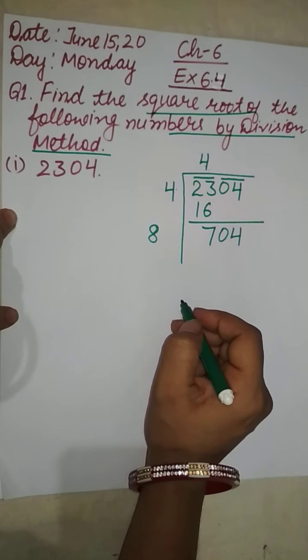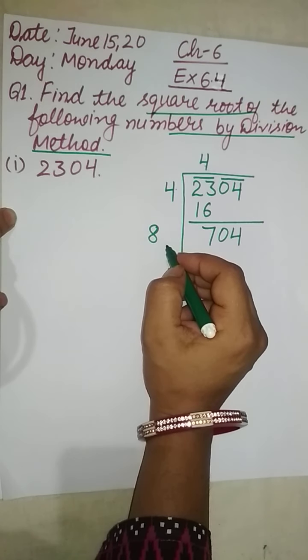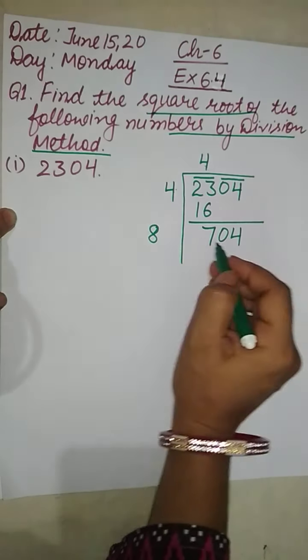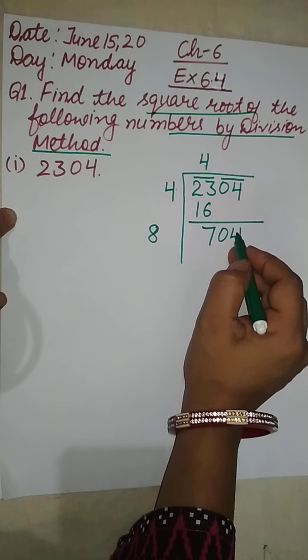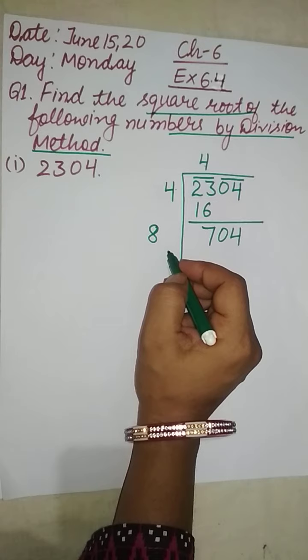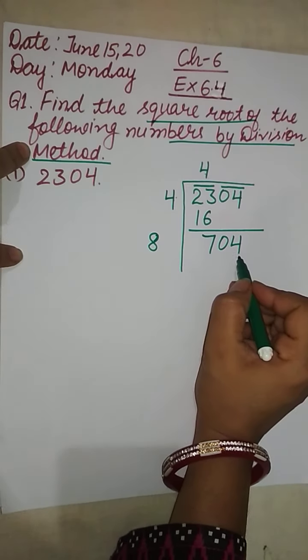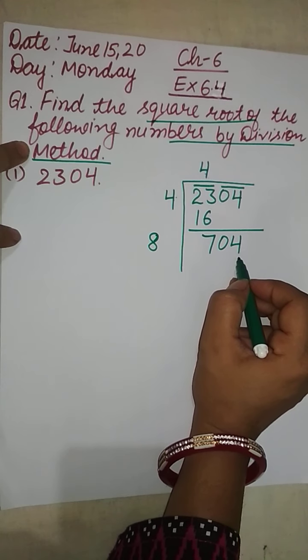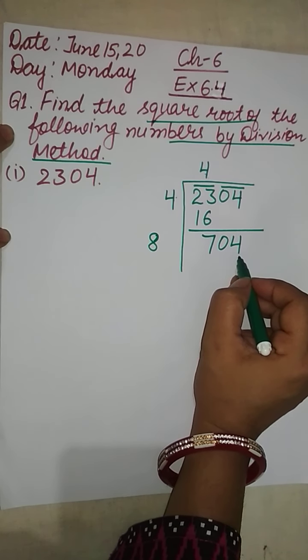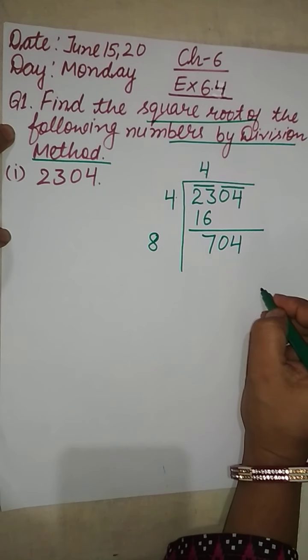Now for the next step we have to find another number, the product of which is equal to 704. For this we can take the number that will have the unit digit as 4. I'll do the simple calculation here.